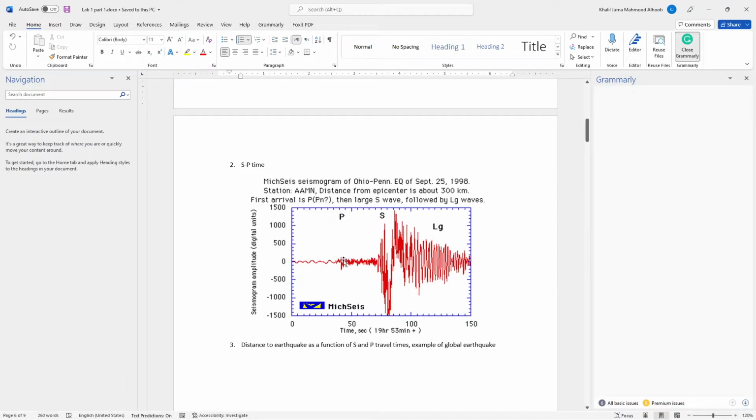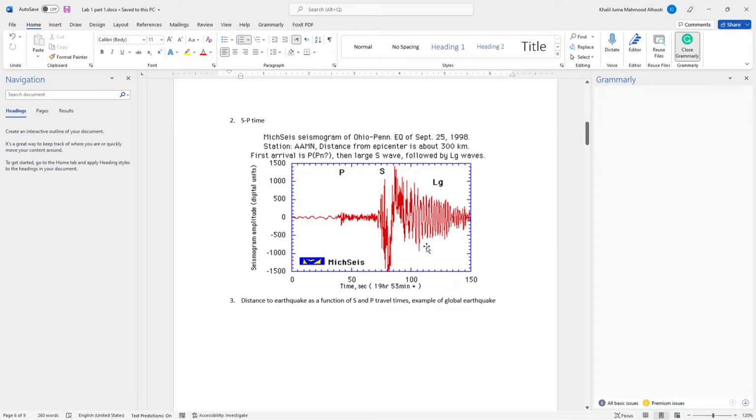Here it is. If you see my mouse, that's where the arrival time of the P wave is. Followed by the S wave. That's the S wave. So this is the difference in time between the S wave and the P wave. Followed later by Rayleigh and Love waves, what we call surface waves.